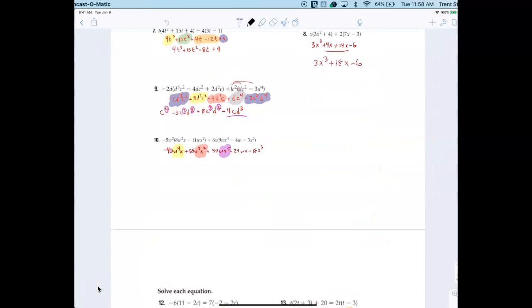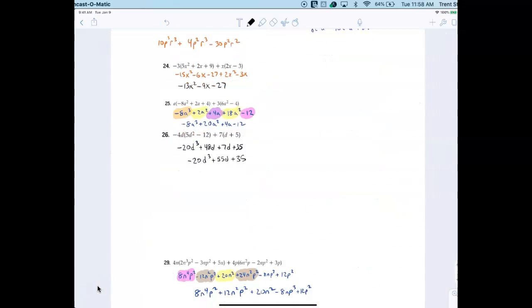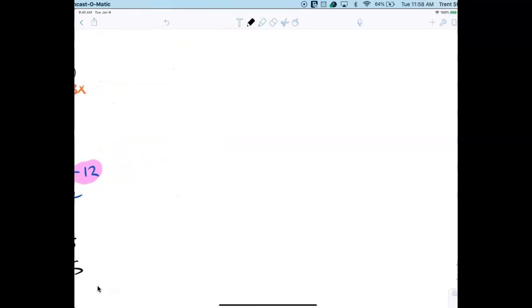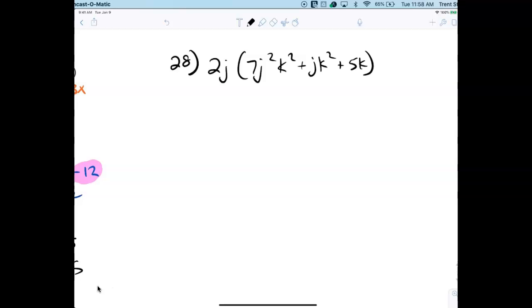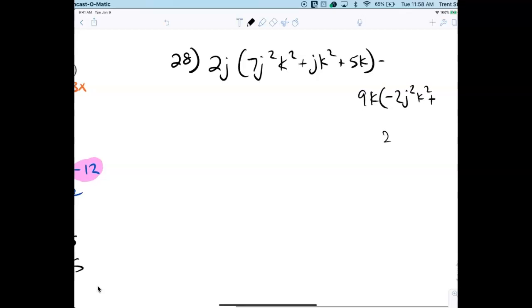So that's all really. So just go ahead and knock those out. Unless someone wants to tell me 28. Let's just go ahead and do that. Does anybody have the book open to 28? Go ahead, read it to me. Here's 28, guys. 2j(7j squared k squared plus jk squared plus 5k) minus 9k(negative 2j squared k squared plus 2k squared plus 3j).